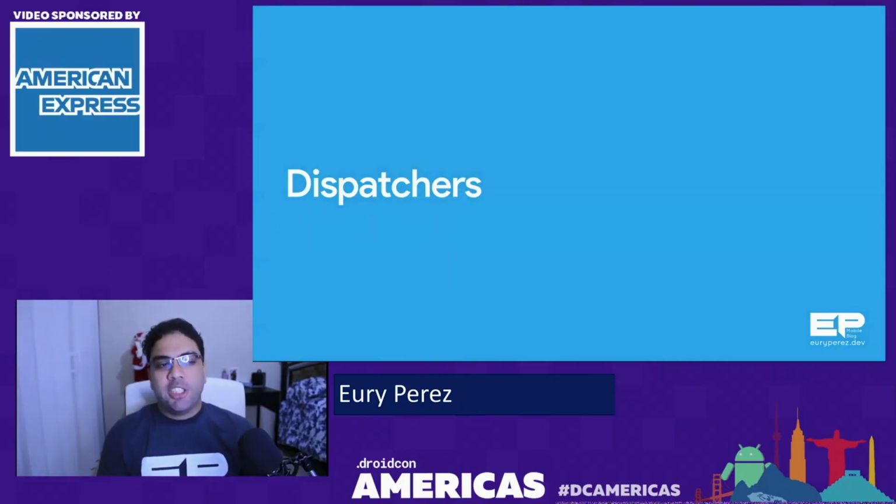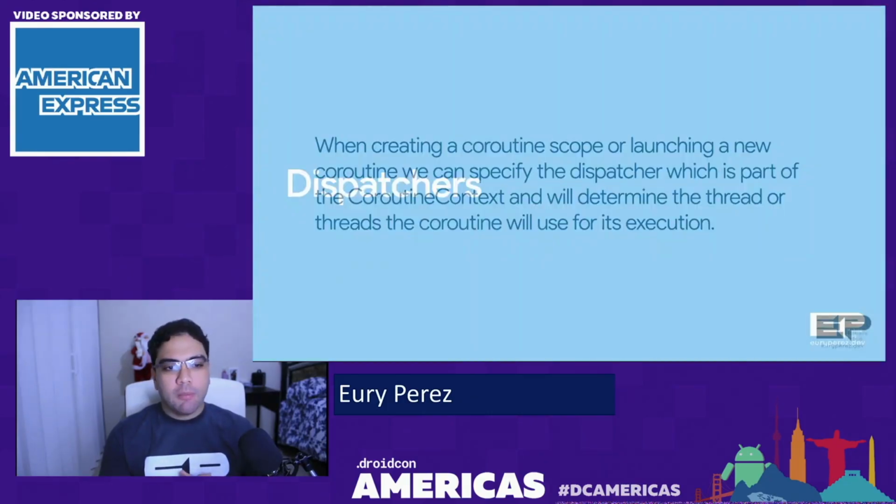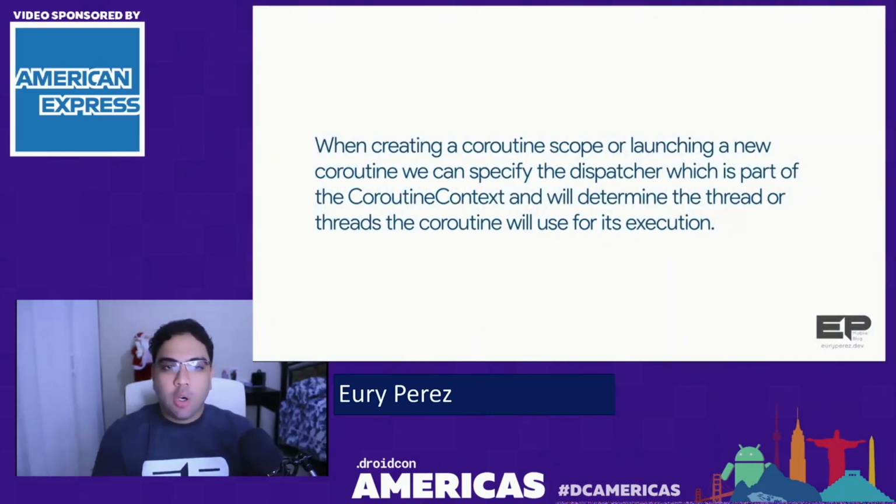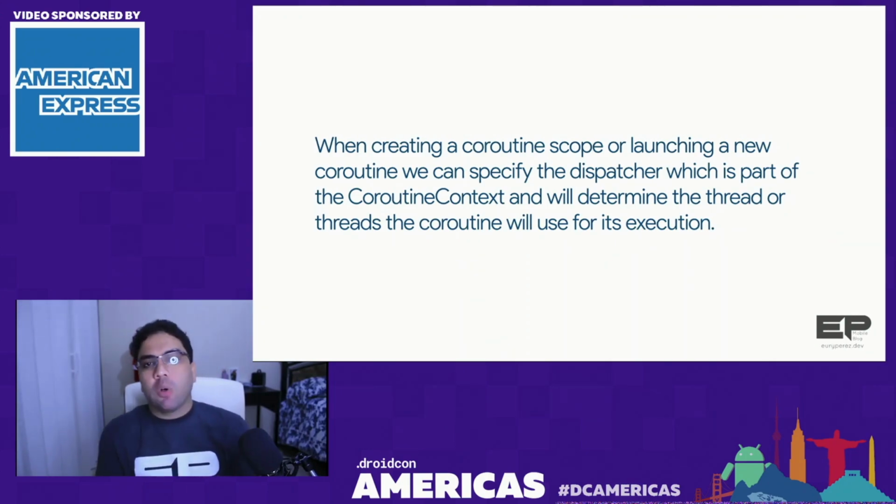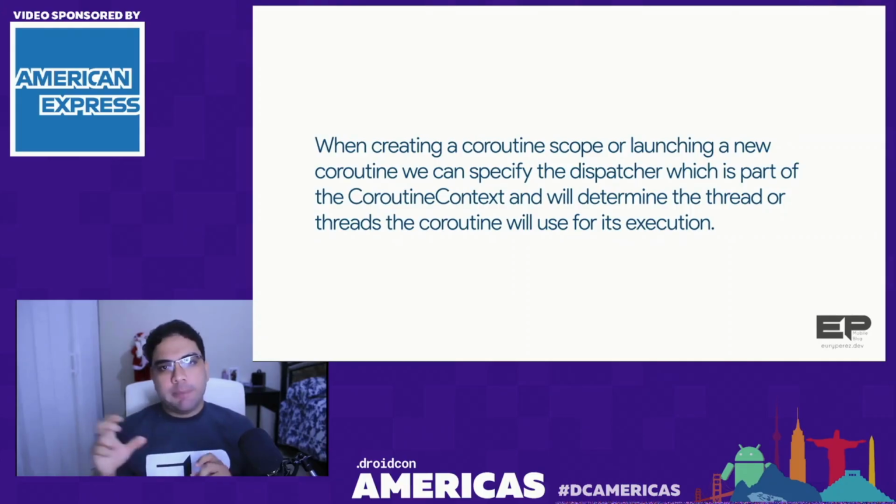So we have mentioned the dispatchers many times now. So let's see what this is about. When creating a coroutine scope or launching a new coroutine, we can specify the dispatcher, which is part of the coroutine context as you saw previously. Remember that when we were creating our new coroutine scope, we could pass a job plus a dispatcher plus a coroutine name if we want to name our coroutines in a specific way.